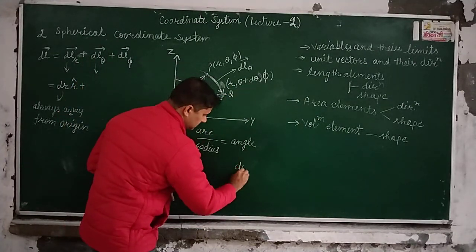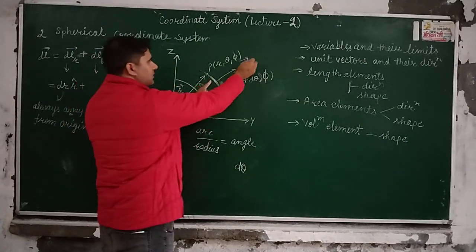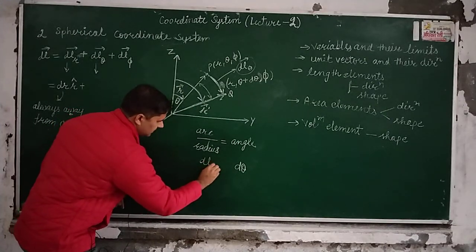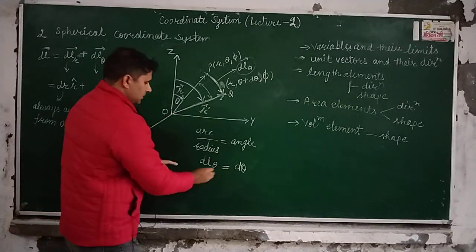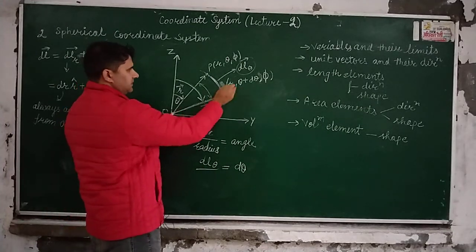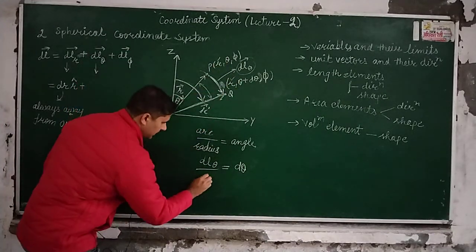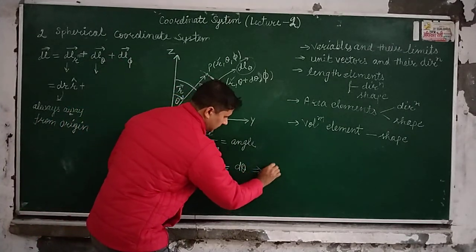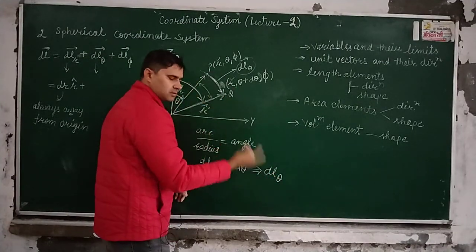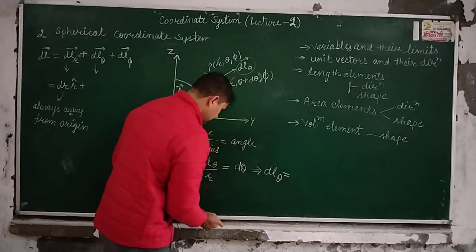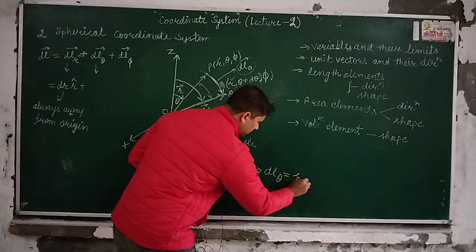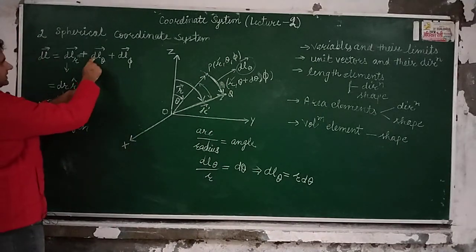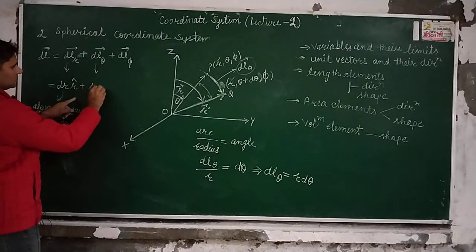The size of the arc is dl theta, and the radius is the same, r. So from here we can conclude that the length element along the theta direction, theta cap, will be r into d theta. So dl theta is r into d theta.